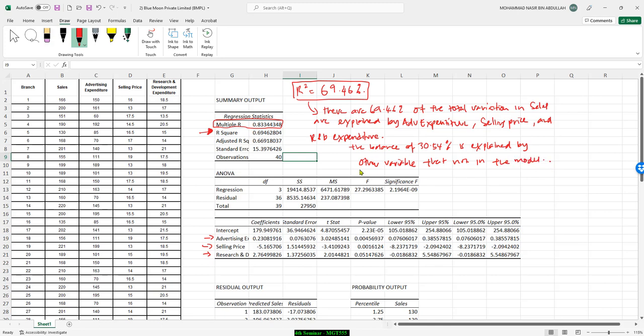This is how we explain or interpret the value of R square. Can you understand so far?